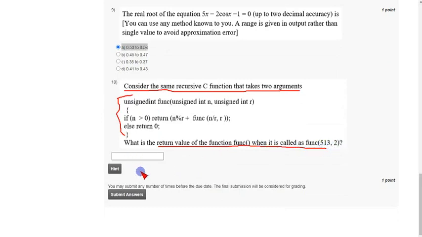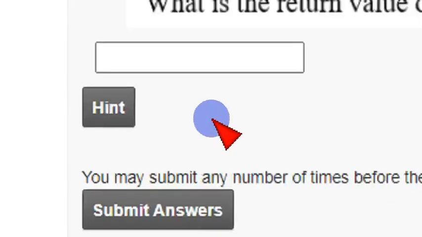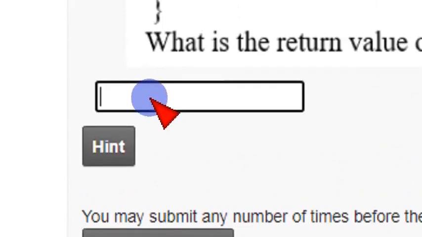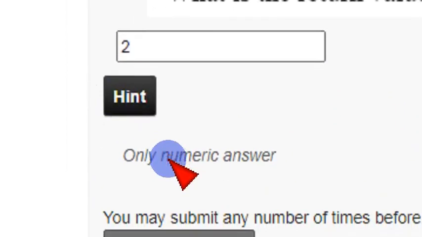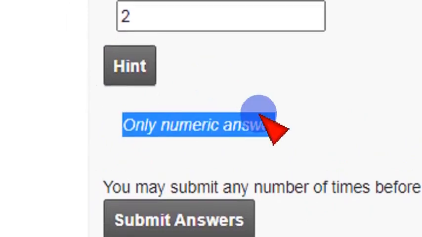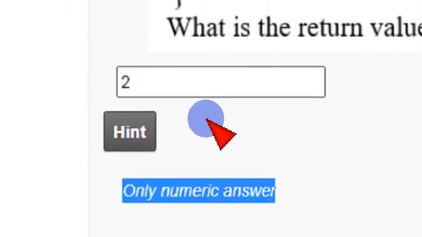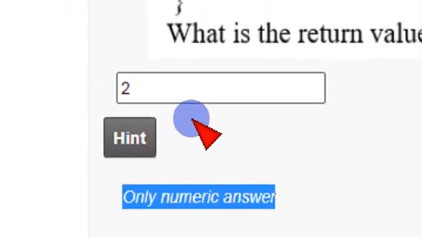I am going to zoom this for you. The answer for the 10th question is 2. If you see the hint, it is only a numeric answer. So the answer is 2.